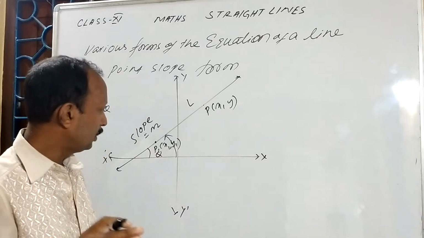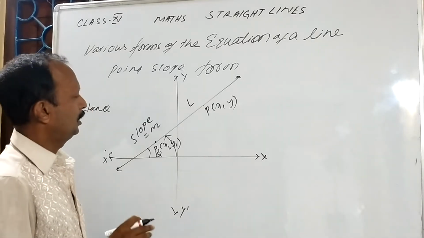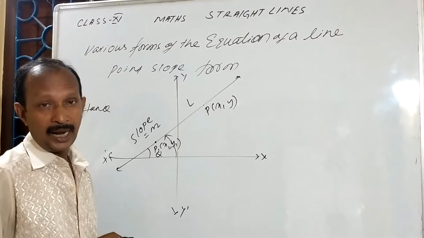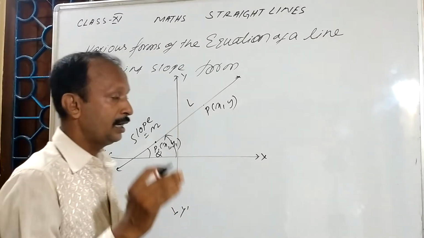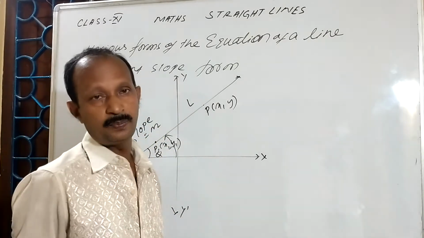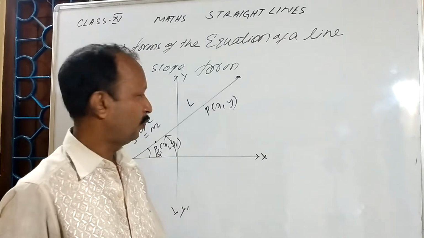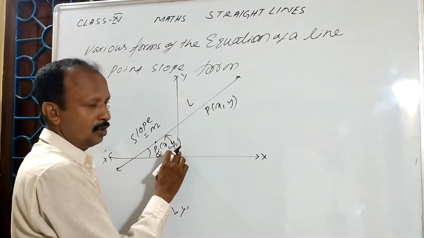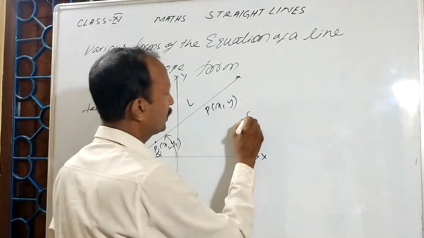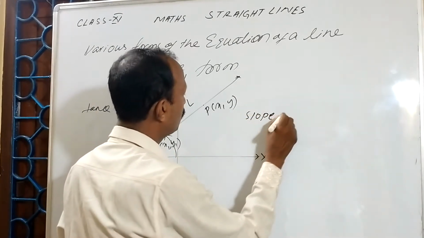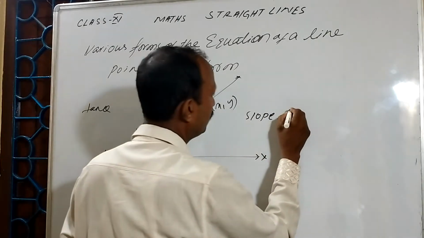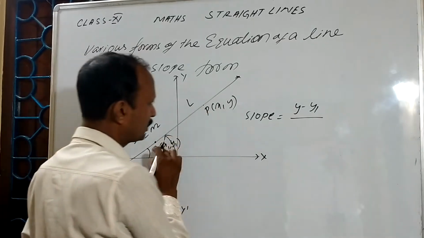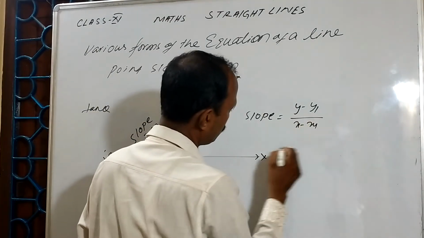So we know that slope is equal to tan theta. In my previous video I explained how to determine the slope. You think that this is x2, y2, this is x1, y1. So I can say that the slope is equal to y2 minus y1, meaning y minus y1, over x2 minus x1, meaning x minus x1.